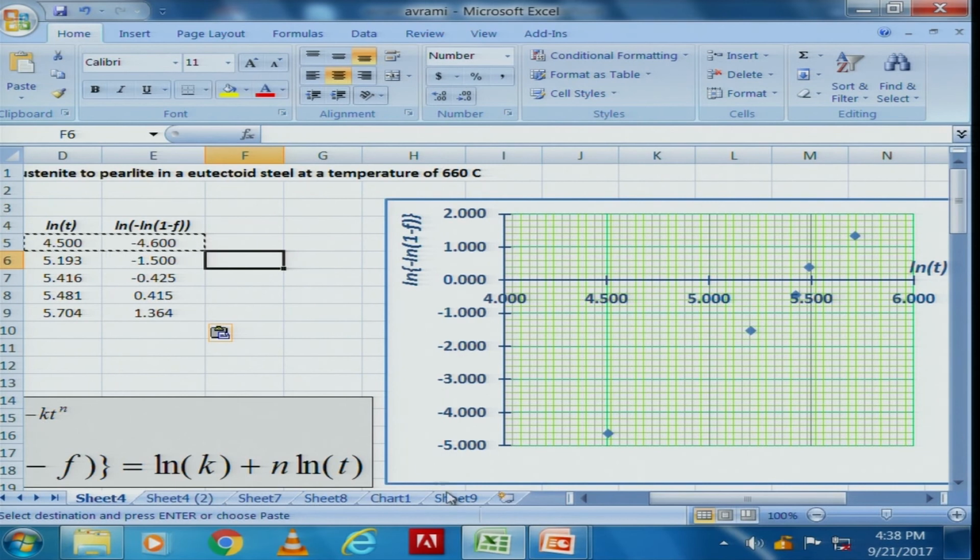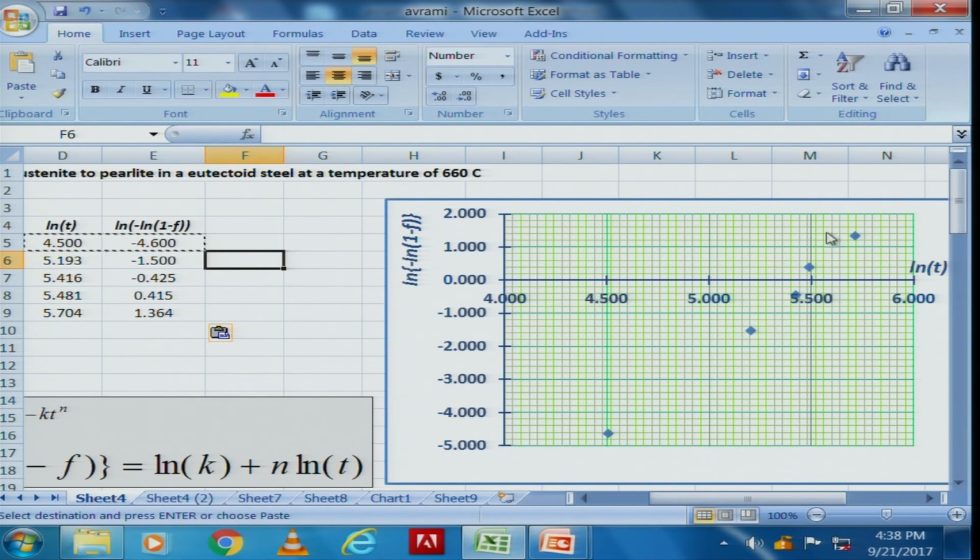Now, this data shows that the points appear to fall on a straight line, all the 5 points are roughly on a straight line. Obviously, when you do an experiment, there are going to be fluctuations, so they will never fall exactly on the curve.